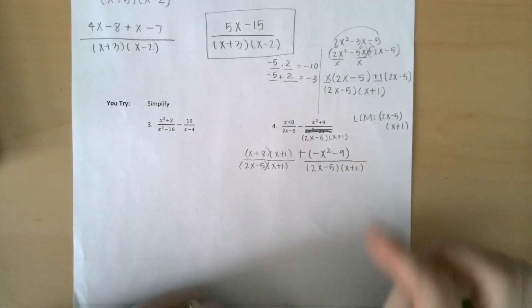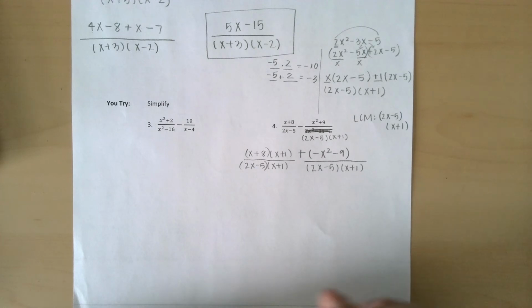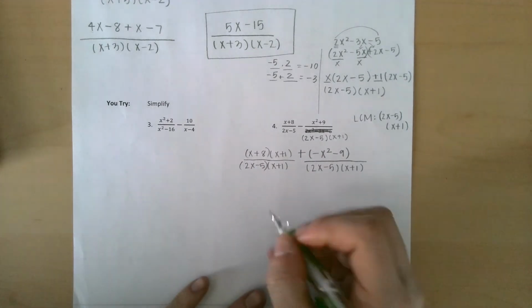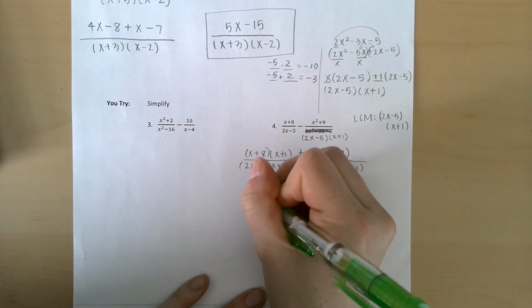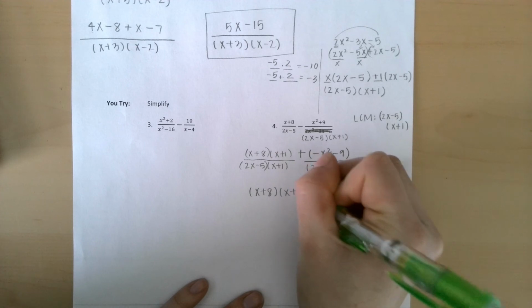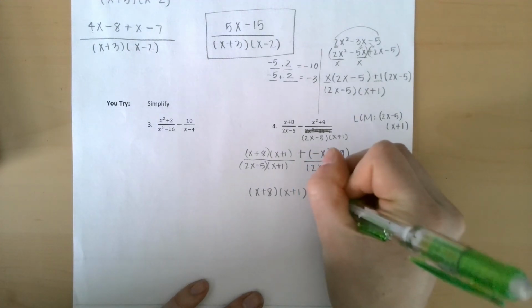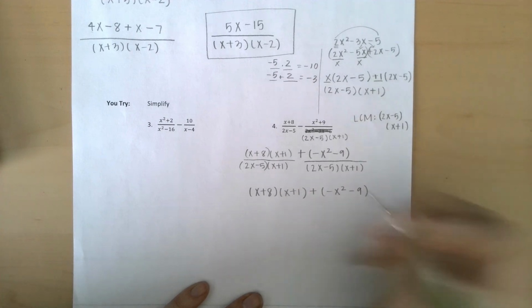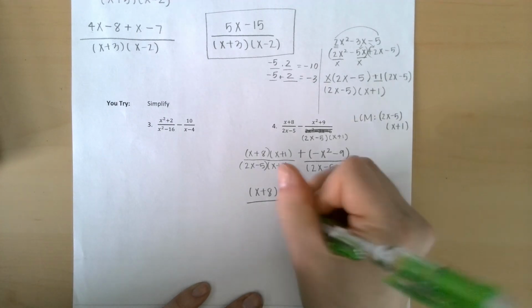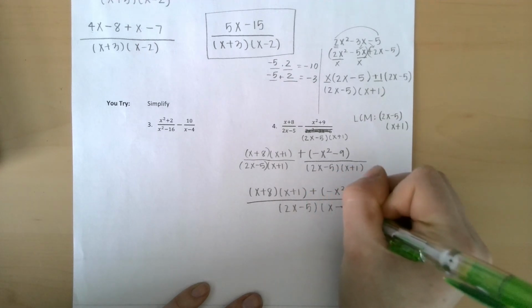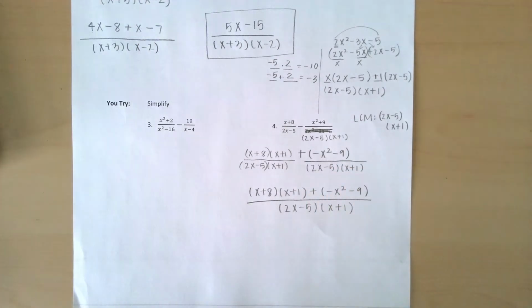So I don't have to multiply by anything, it's already good to go. I'm noticing these two fractions again have the same denominator, so we can combine them. I have x plus 8 times x plus 1 on the top, plus a negative x squared minus 9 over my LCM of 2x minus 5 and x plus 1.